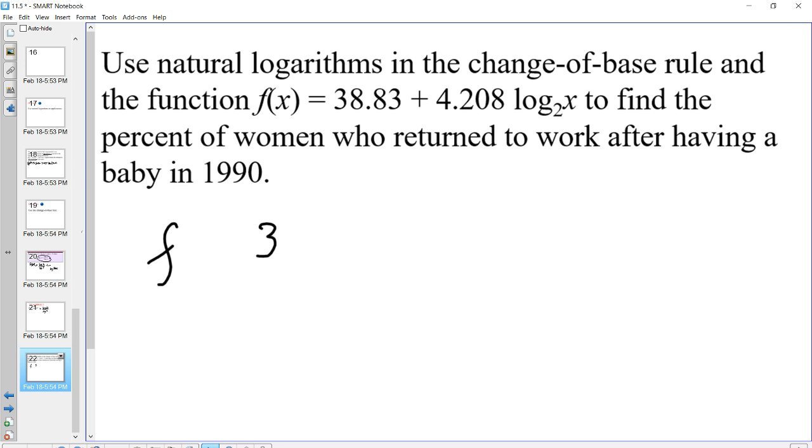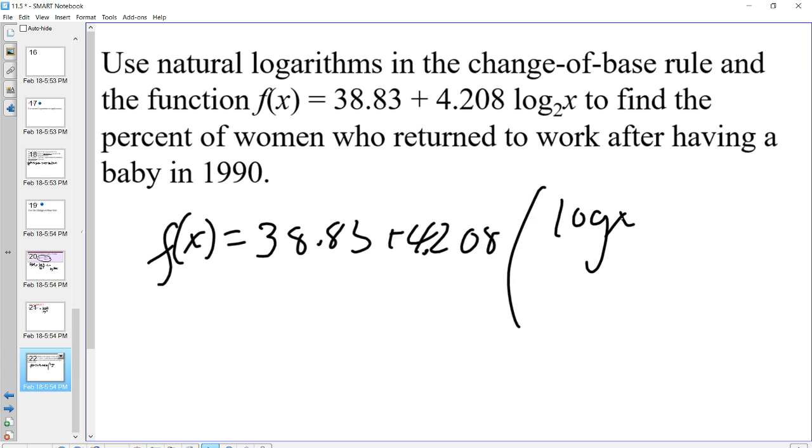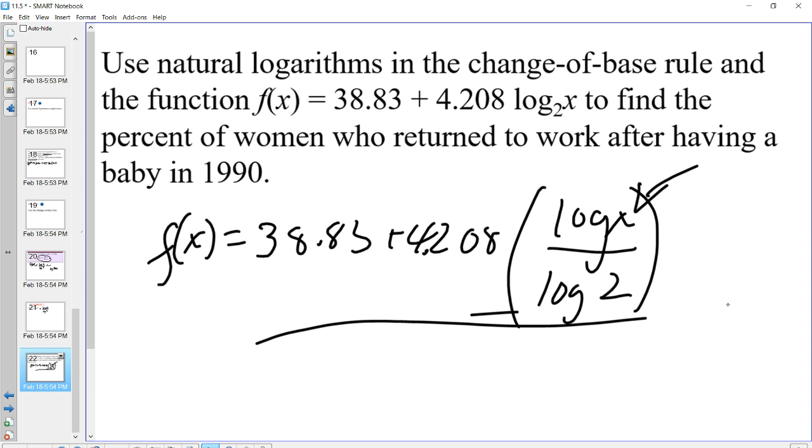I've got f of x equal to 38.83 plus 4.208, and in this case I would be multiplying by log base 10 of x over log base 10 of 2. Then you can just throw in your equivalent for 1990 or 1990 itself. That's really what the base change formula is asking you to do. Once you have that number plugged in, all you have to do is throw it in your calculator one more time, and then you'll be good to go. That is 11.5.